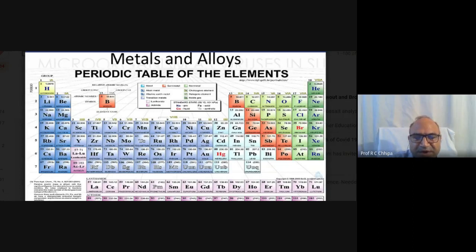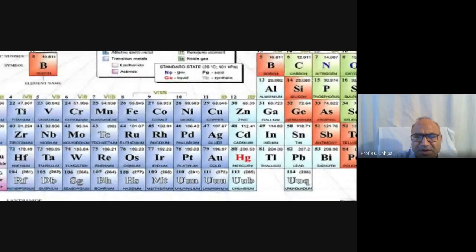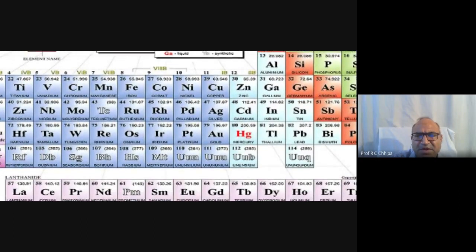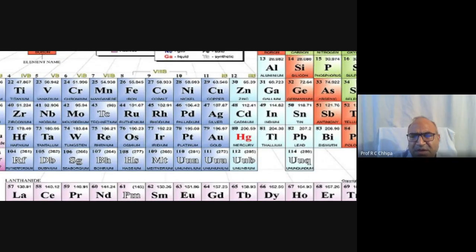We can see in the periodic table the gold, and near it is the platinum. By enlarging, you can see gold is in group number 11, and platinum is group number 10. Parallel to gold, atomic number 79, atomic number 78 is platinum.